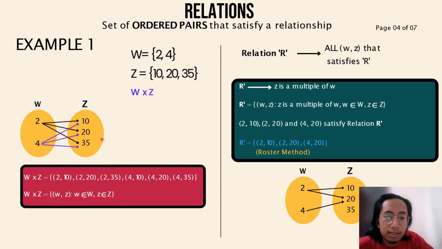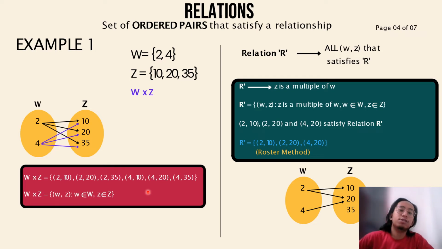As you can see here, we use an arrow diagram for the Cartesian product of sets W and Z. So W cross Z is the set of the following ordered pairs. It's 2 paired with each of these 3, and then 4 paired with each of these 3. We get 6 ordered pairs of the form (w, z), where every w belongs to set W and every z belongs to set Z. That's how it can be written in the set builder form.